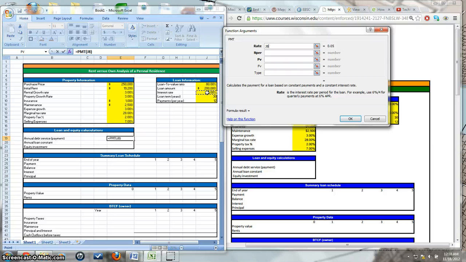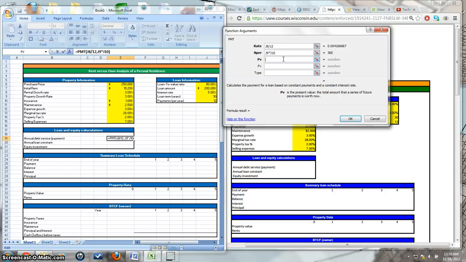We'll do 5%, divide that by 12, and the number of payments for the loan is going to be 30 times 12. But as you can see, I'm clicking the cells so that if you ever have a differing number of payments per year or a different loan term, you just enter that there. It takes care of it in the entire sheet. You don't have to think, oh, how do I go about changing the formula? You just enter it in the boxes there.